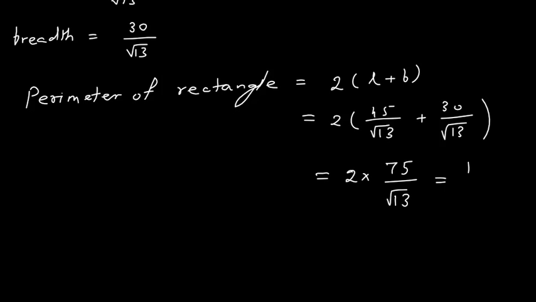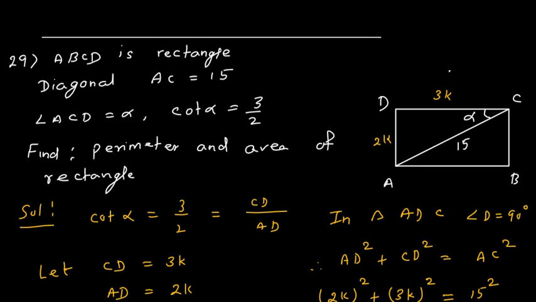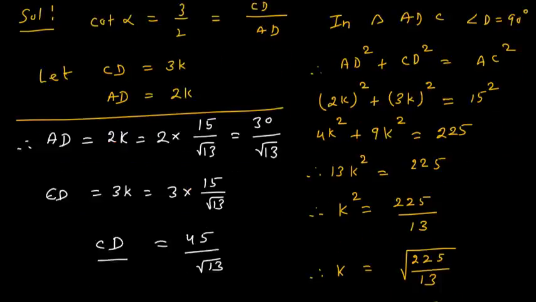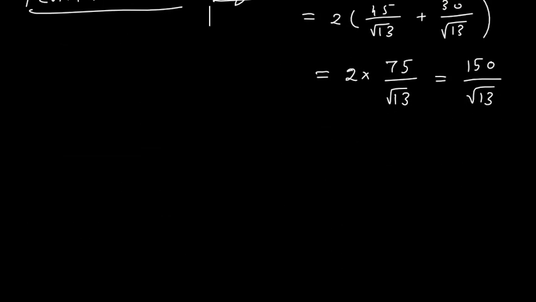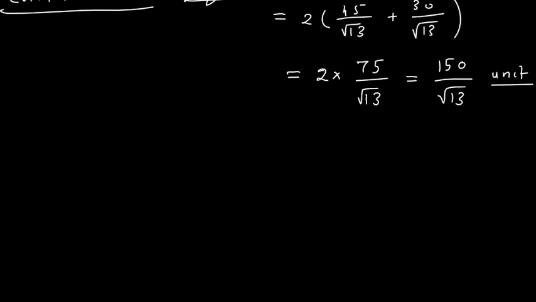So this is 150 upon root 13, the value of the perimeter of the rectangle. If they have mentioned centimeter or something, then I will say that unit. Nothing is given, so 150 upon root 13 units. Always you have to write the unit. Nothing is given, so just say unit.